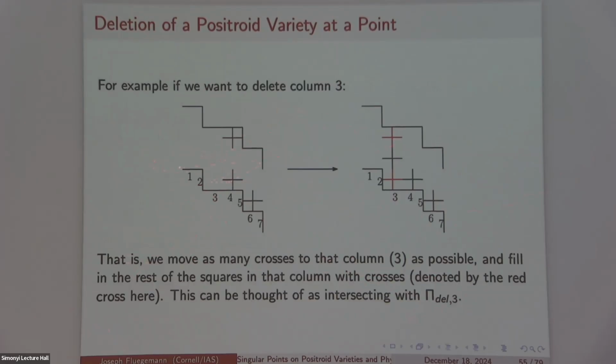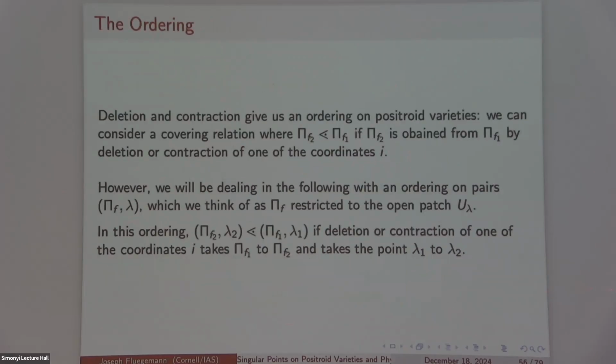I didn't draw the elbows, which would make it easier to see what's going on, but you would move this cross over here, and then you would fill in everything else in that column with crosses. And so this would be this pi f intersected with pi del.